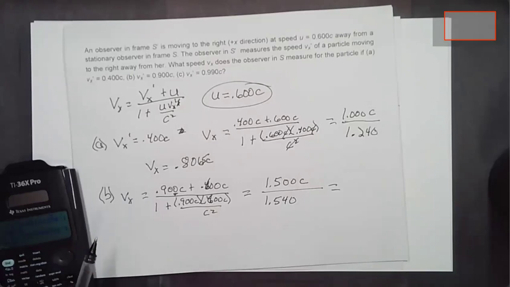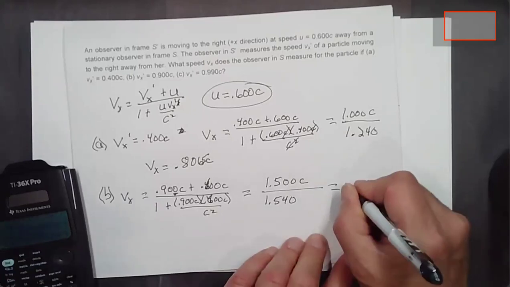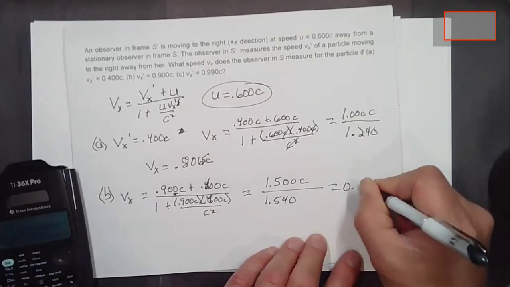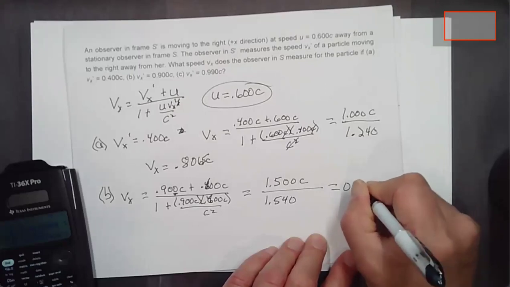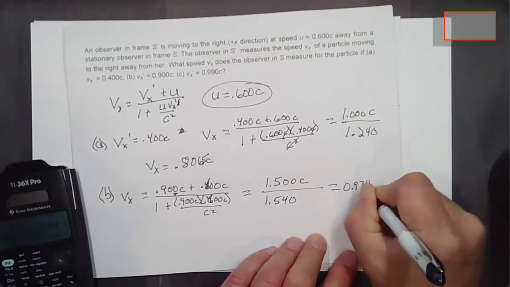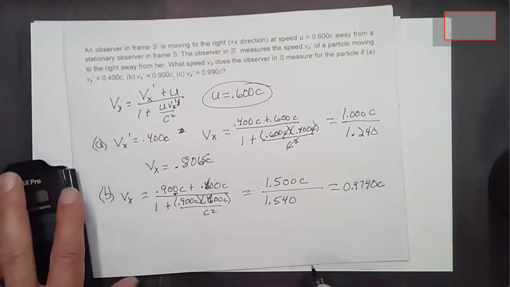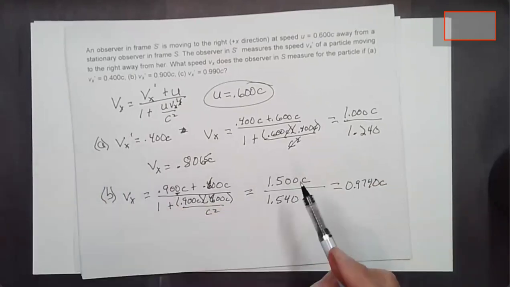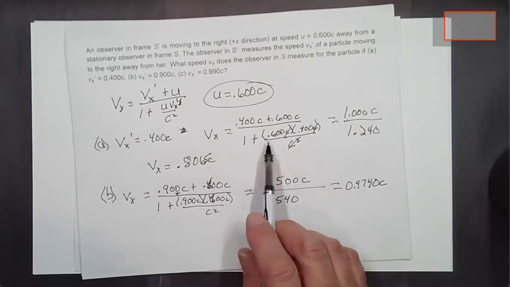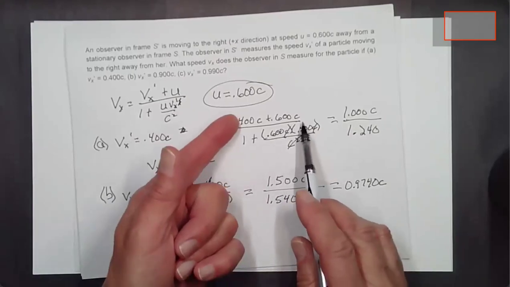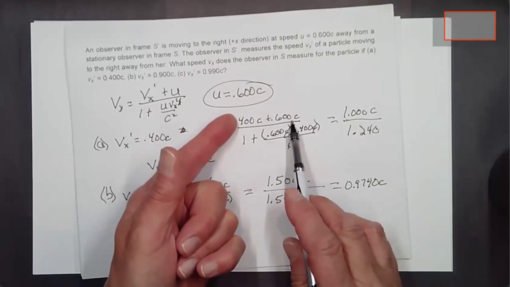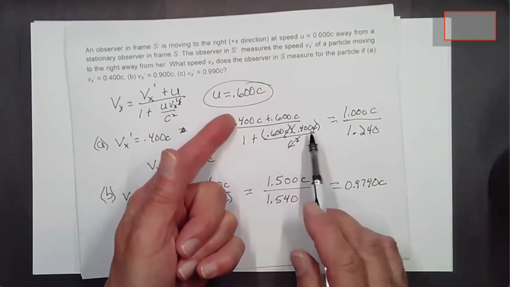Let's see. I get 0.9740 c. So here's a place where the number of significant figures is actually bumping up by 1 because we've got things added together, and that lets you do it.